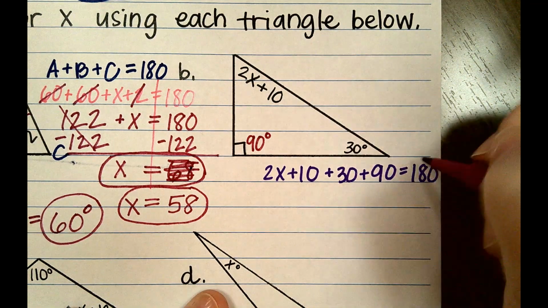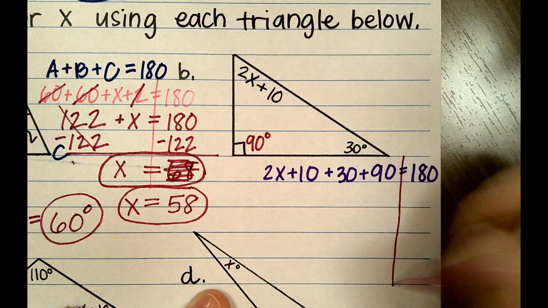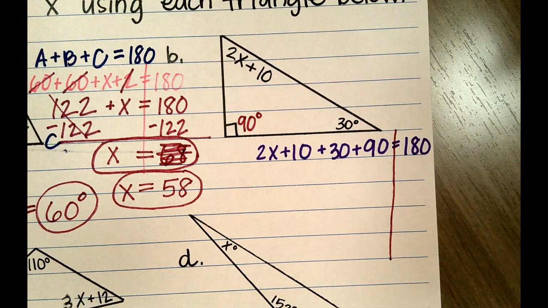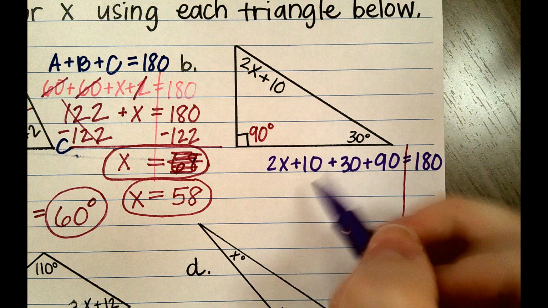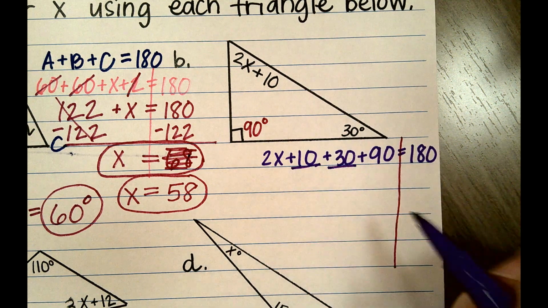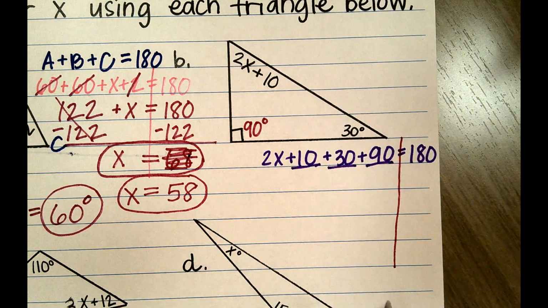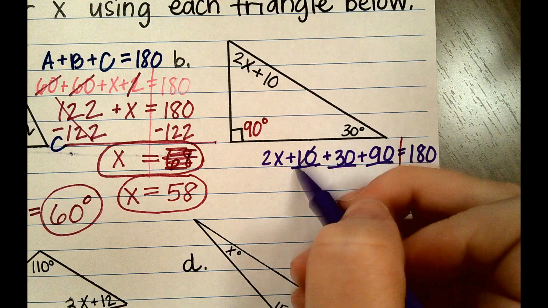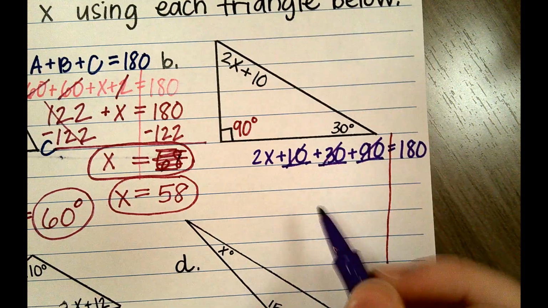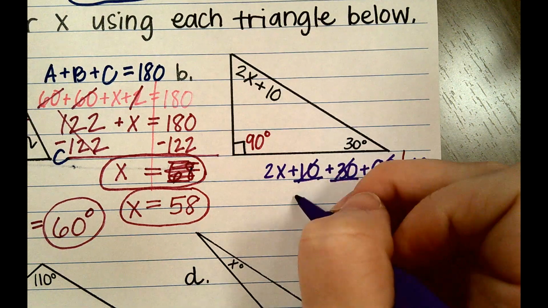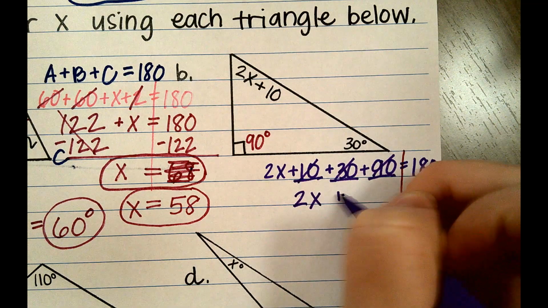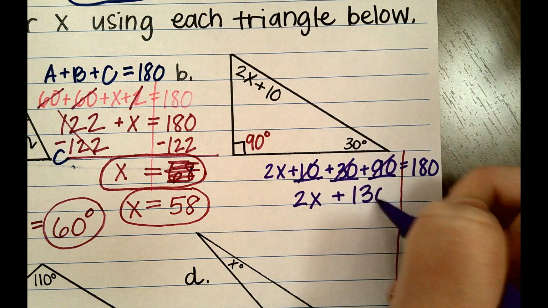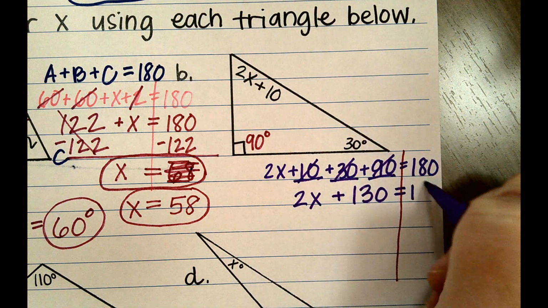And now that we have our equation written, do we have any like terms? Yeah, we do. We've got a bunch of them: 10, 30, and 90. 130 is what we get when we add those together. So I'll bring down 2x plus 130 equals 180.